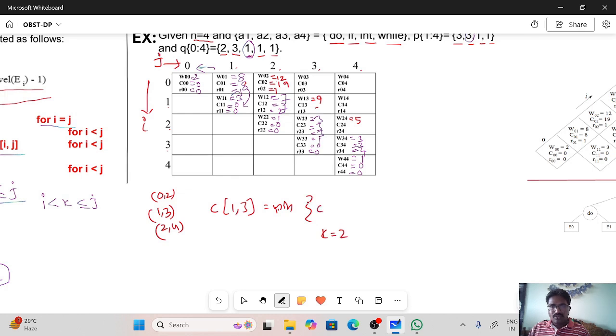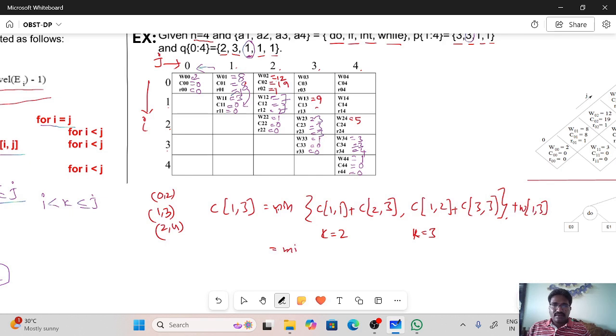If k is 2, what is my equation? C of i, k minus 1, 1 comma 2 minus 1, 1, plus cost of kj, 2 and j is 3, comma, if k equal to 3, 3 is also possible because k value must be greater than i and less than or equal to j, yes, less than or equal to 3. Then my equation becomes C of i, k minus 1, 1 comma 2, plus C of k,3 with j 3. This value plus weight of 1,3.